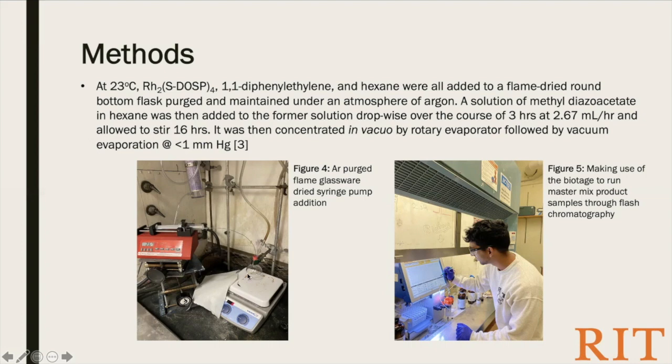This reaction was then repeated another 4 times, for a total of 5 reactions, and the products of all of those reactions were placed together into one round bottom flask to create a crude master mix.